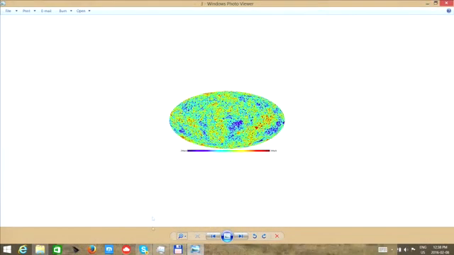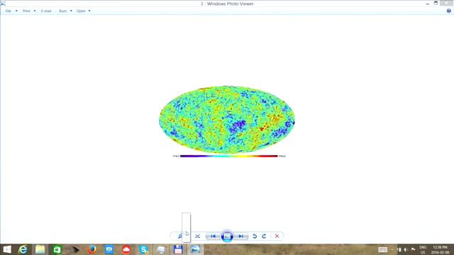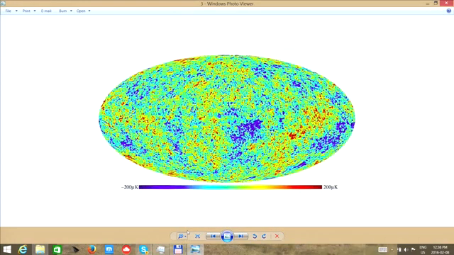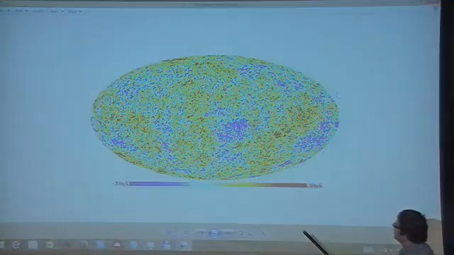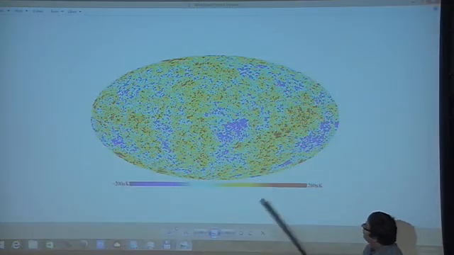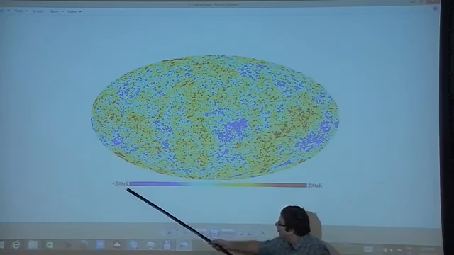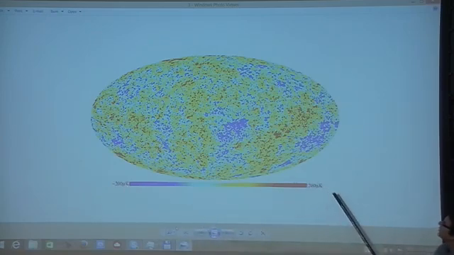So now this is the beach ball I was talking about, as the latest measurement by Planck. It goes from minus 200 microkelvin to plus 200 microkelvin, and what is subtracted is this 2.7 Kelvin.